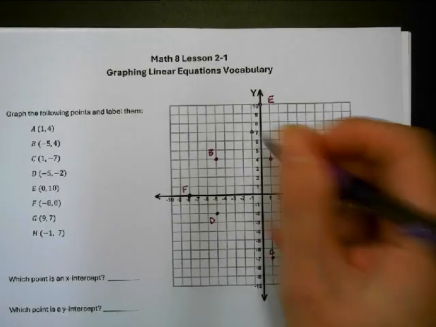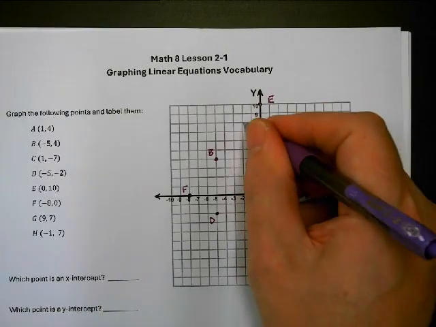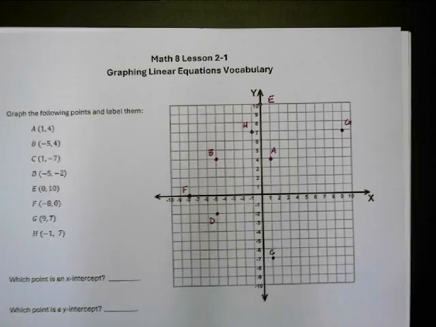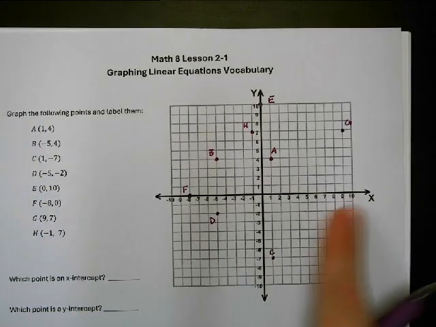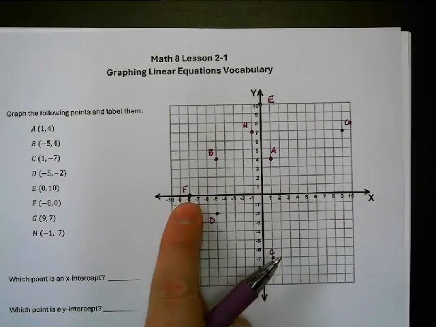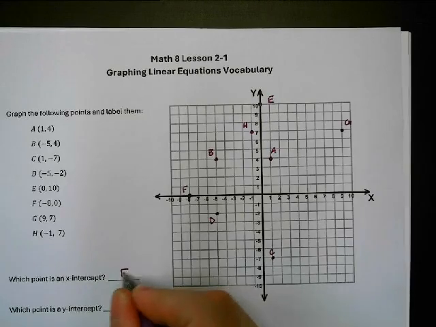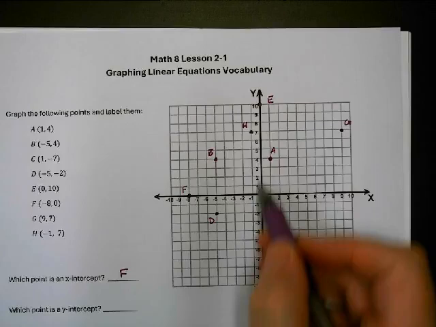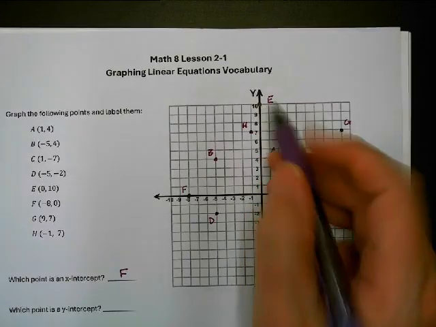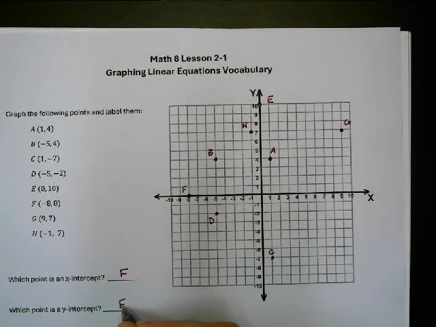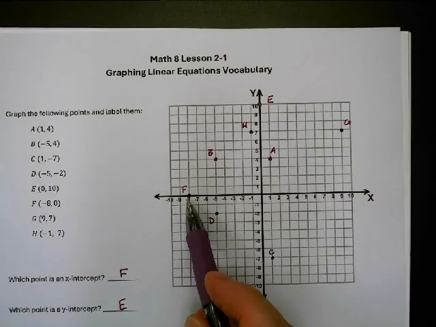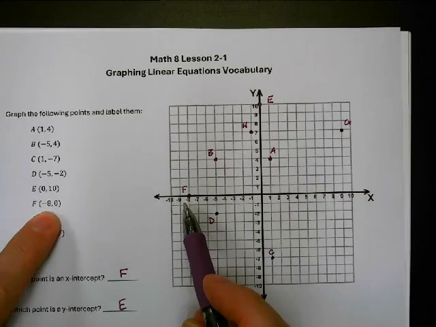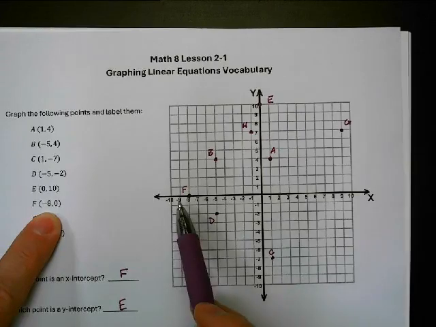All right, which point is an x-intercept? Here's my x-axis. F must be the x-intercept. Which point's a y-intercept? Okay, here's my y-axis. E's on that axis, so E must be my y-intercept. Notice on the x-axis, F, the x is the number, and the y is 0.